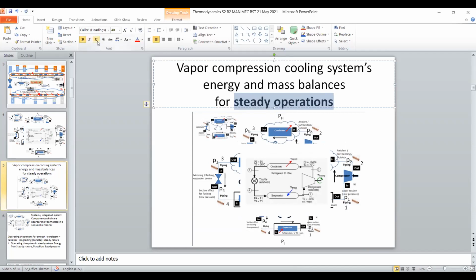The system should operate steadily. Steady means steady in terms of energy and steady in terms of mass when it comes to the operation. So the system operation should be stabilized. Okay. So that is practical and natural.